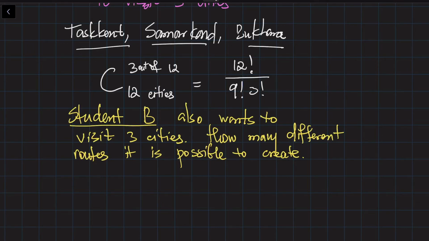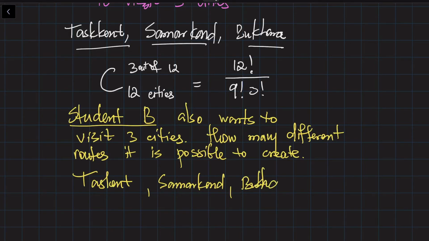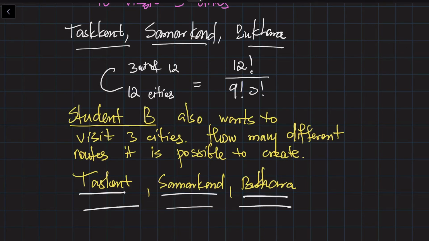For example, student B would like to go to Tashkent, Samarkand, and Bukhara. There are 6 different ways of visiting these 3 cities, right? Student B can go to Tashkent, then Samarkand, then Bukhara, or he may decide to go to Samarkand first, then Bukhara, then Tashkent, and so on.